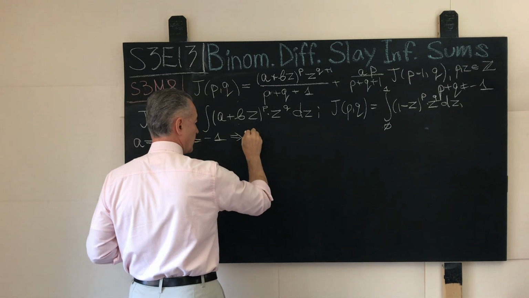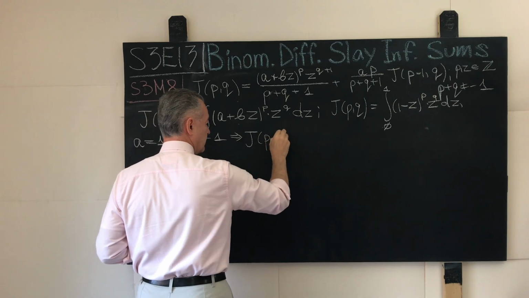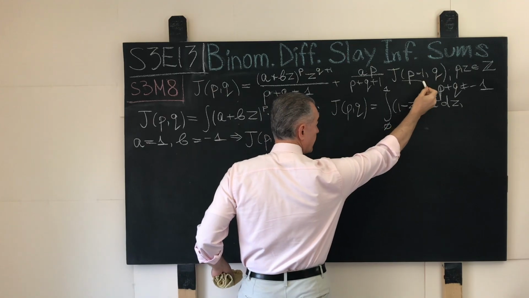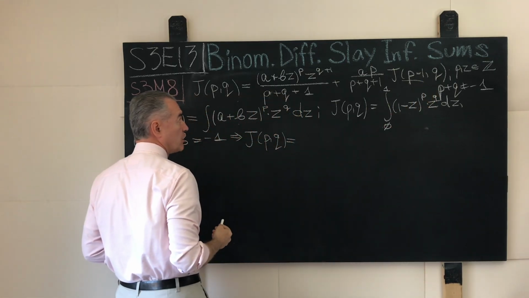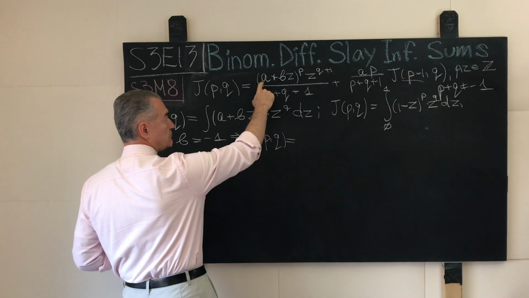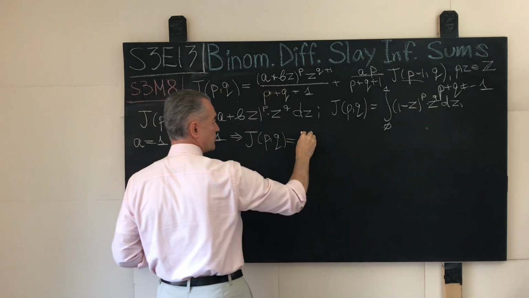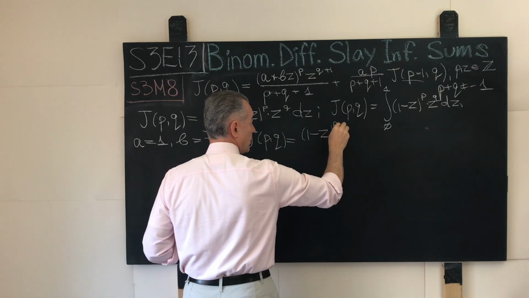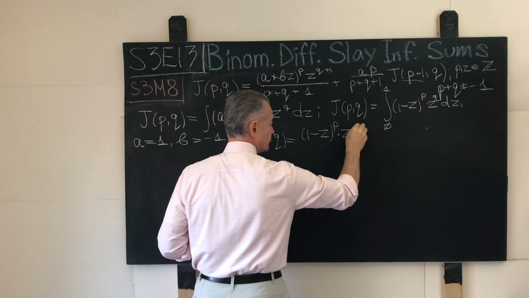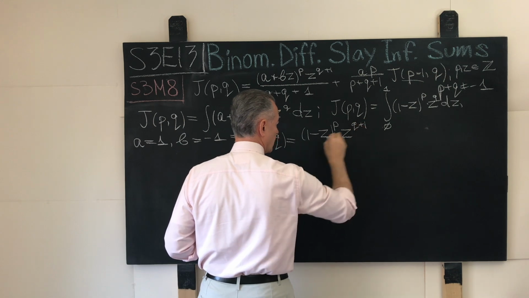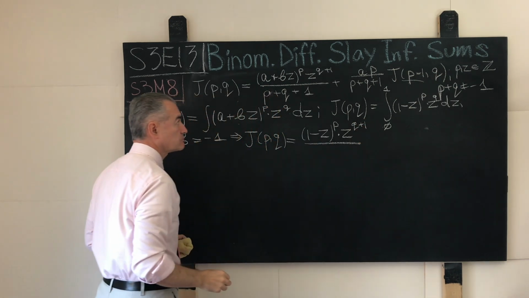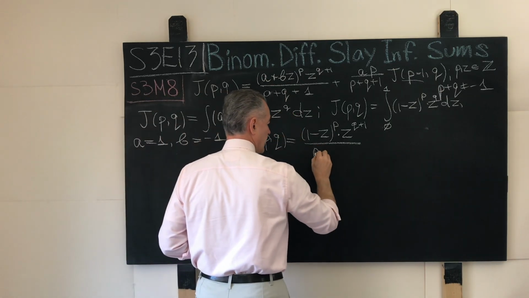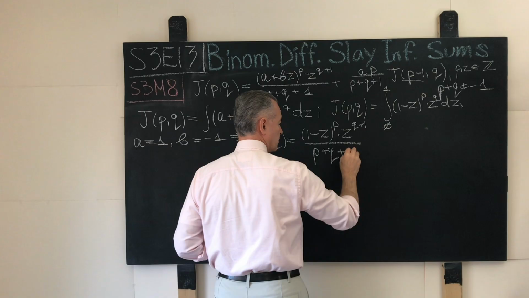Well, in this case, our integral J_pq as a recurrence relation, where we whittle the parameter p down by 1, will be what? 1 minus z. So we write down (1 minus z) raised to the power of p times z raised to the power of q plus 1, over p plus q plus 1.